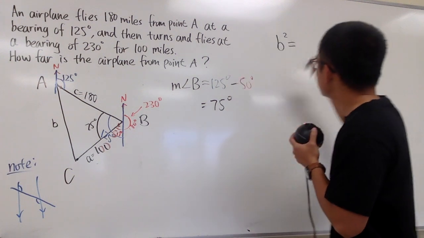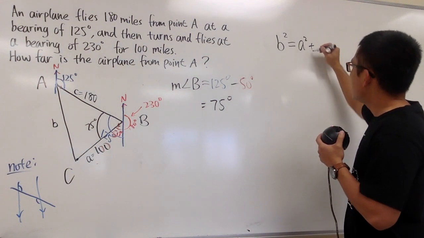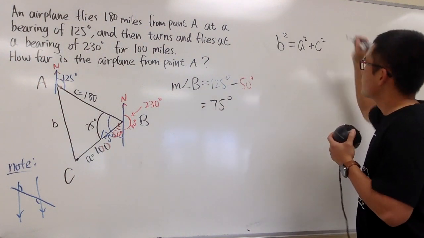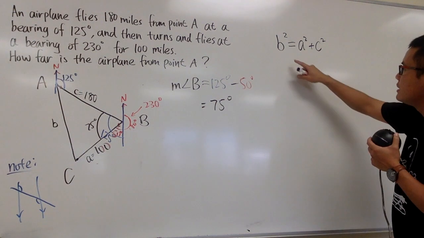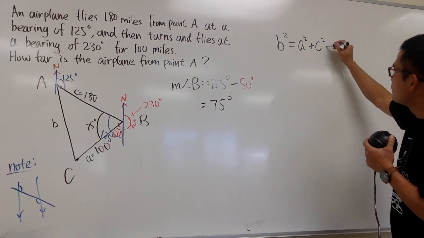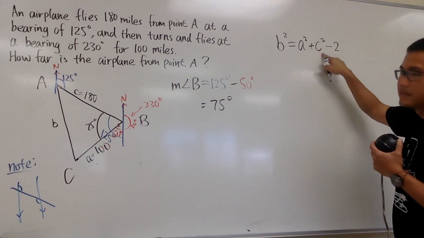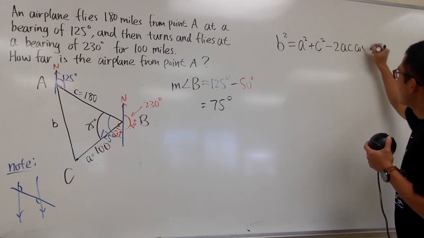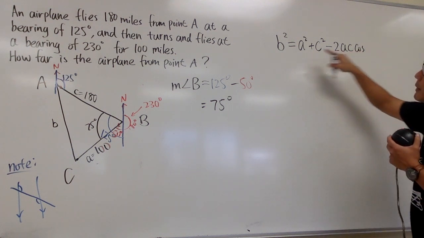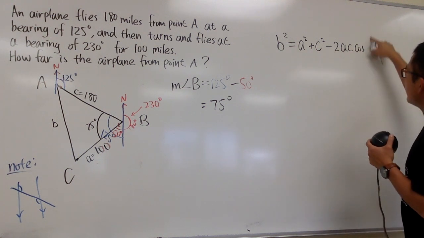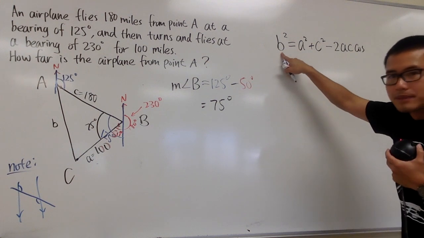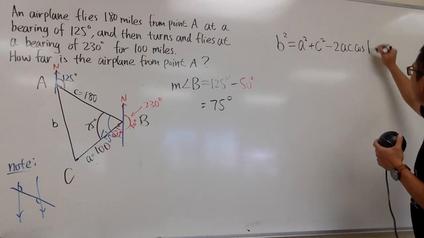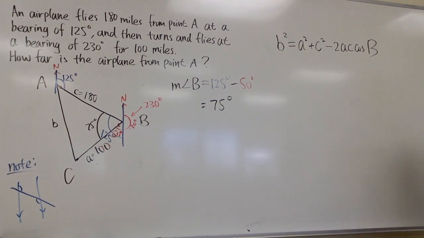So I'll put down A first, squared, and you add it with C squared. Okay? And you see, this is what we have now, and then we have to minus 2 times A and C. So we'll just put down 2AC. And then here's the cosine part. Multiply this by cosine of capital B. This angle has to be corresponding to that, right? So it's capital B. If you use little b, this will be capital B.